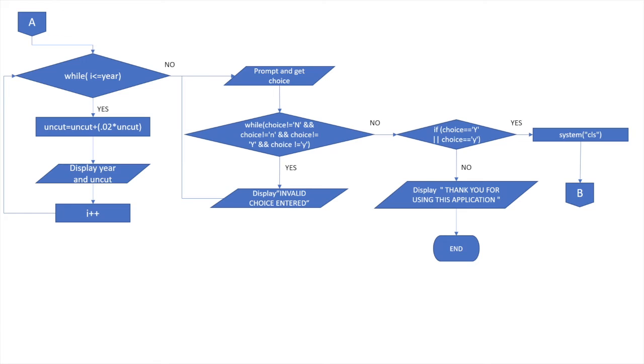If the choice is Y, which is yes, it will continue to the beginning process where we initialize counter I equal to 1. But if the user enters N, it will display thank you for using this application, and then the program will end.